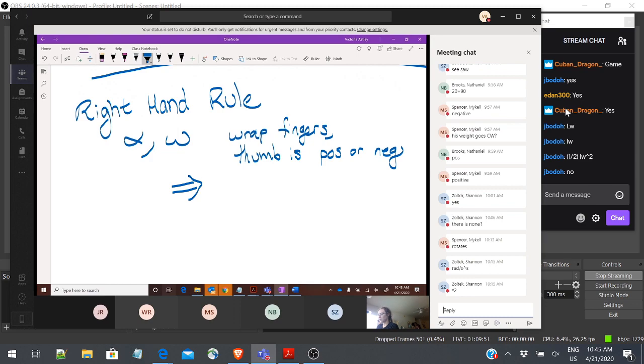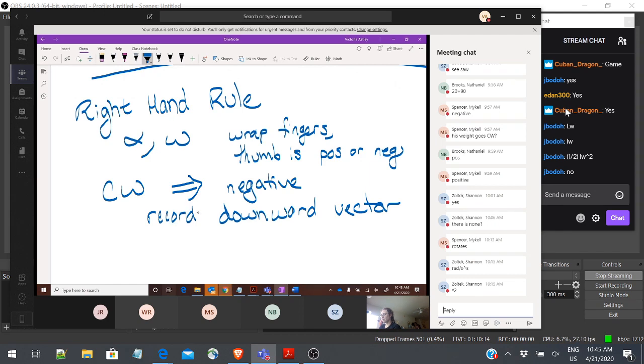So clockwise is negative, but you can also think of it as that downward vector. And you can do the same if it's a clock on a wall rotating clockwise, your thumb would be going into the wall.